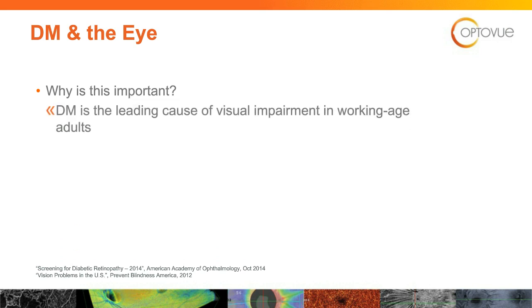Unlike people that get macular degeneration that tend to, if they have vision loss, it's in their 60s or 70s or 80s or maybe even beyond. Diabetes, if they have vision loss, it may be in their 50s or 40s or maybe even 30s depending on the case. So certainly it's something that we need to pay attention to, and we may be managing this for the long haul because your patient may be in their 40s or 50s and you've got that patient for the next 30, 40 years, hopefully.